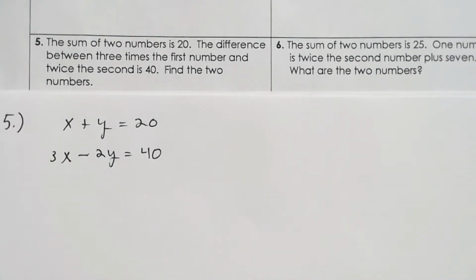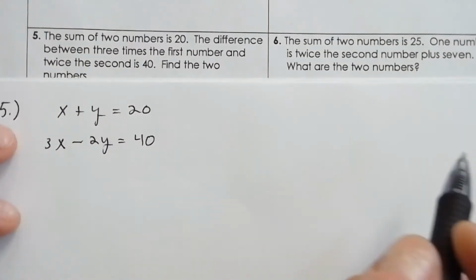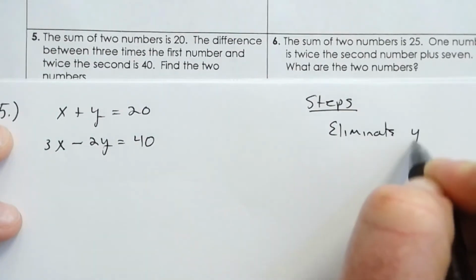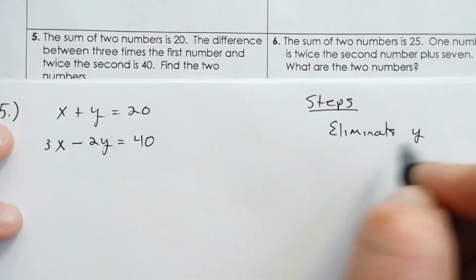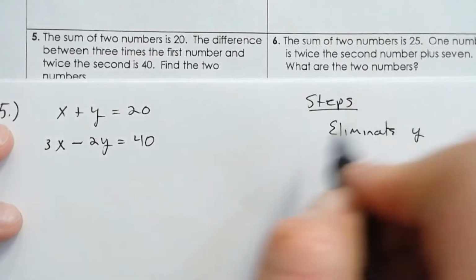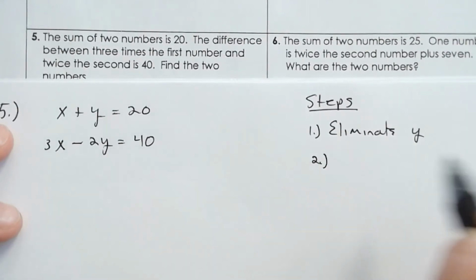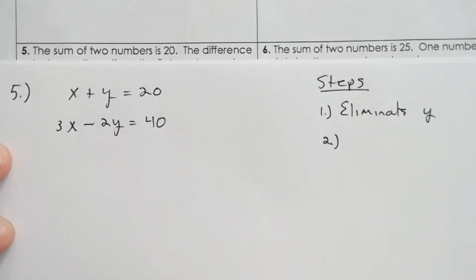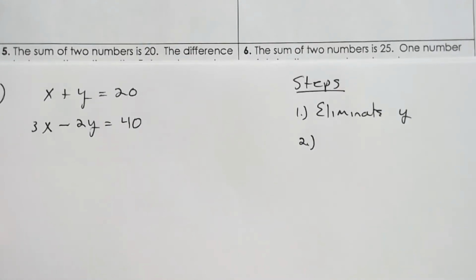Yeah, y is the easiest one, right? And how do we want to eliminate y? By multiplying the first equation by what? 2.